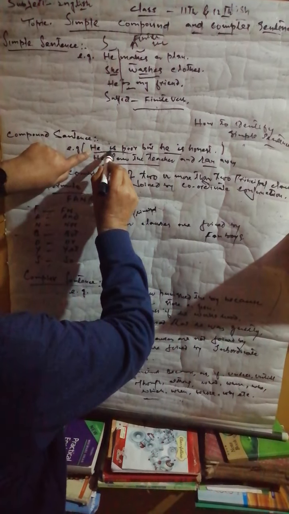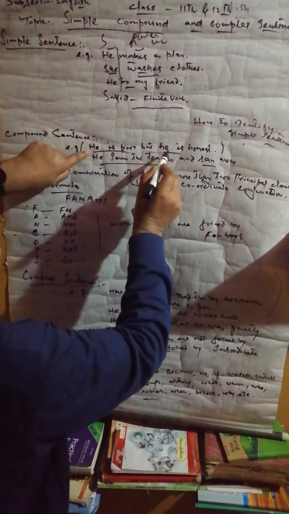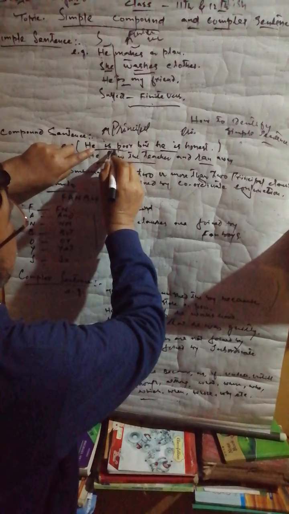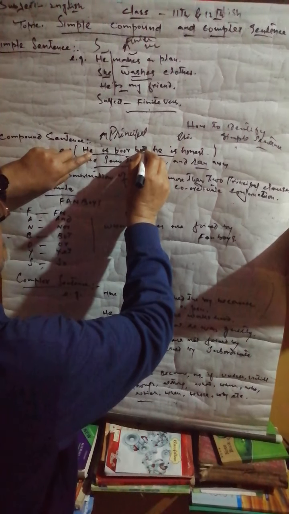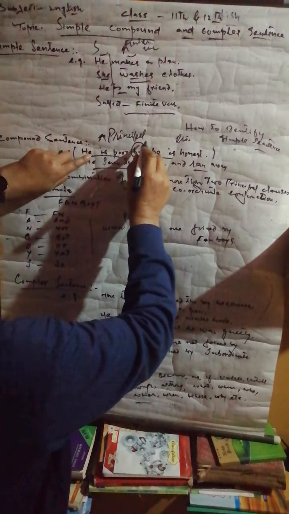One is he is poor, and the second is he is honest. So this is a principal clause, and he is honest is also a principal clause. These two principal clauses are joined by a conjunction that is known as a coordinate conjunction.